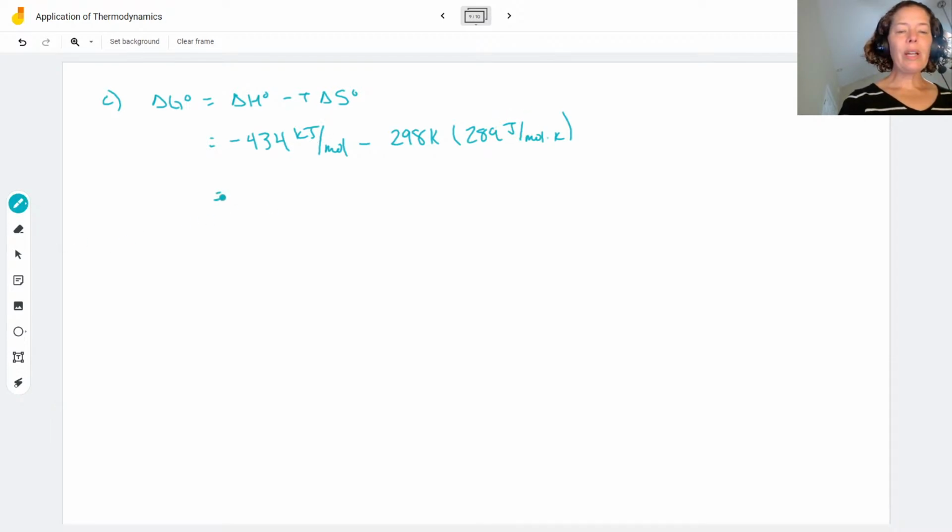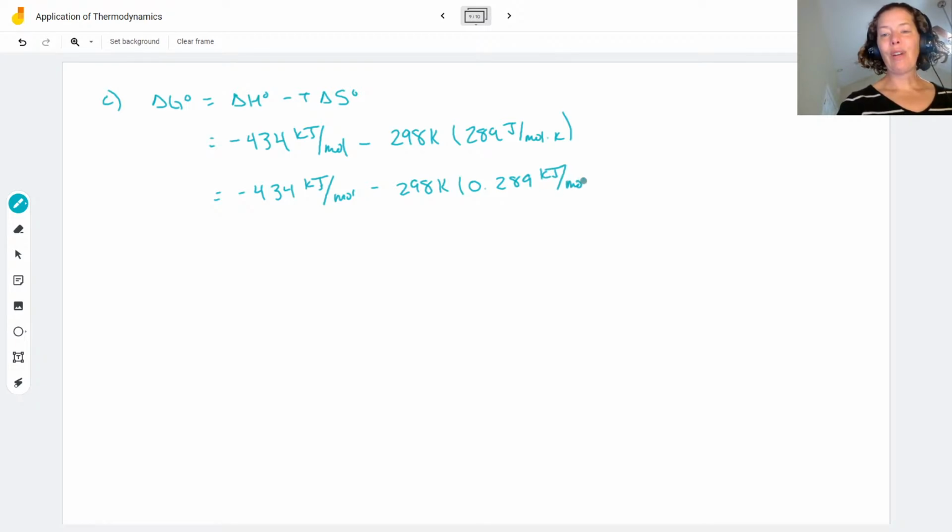Always be aware of your units. I know you guys hate writing your units down, but if you don't write it down, I promise you're not going to catch this unit mismatch. And that makes a huge difference because I just divided that by 1,000.